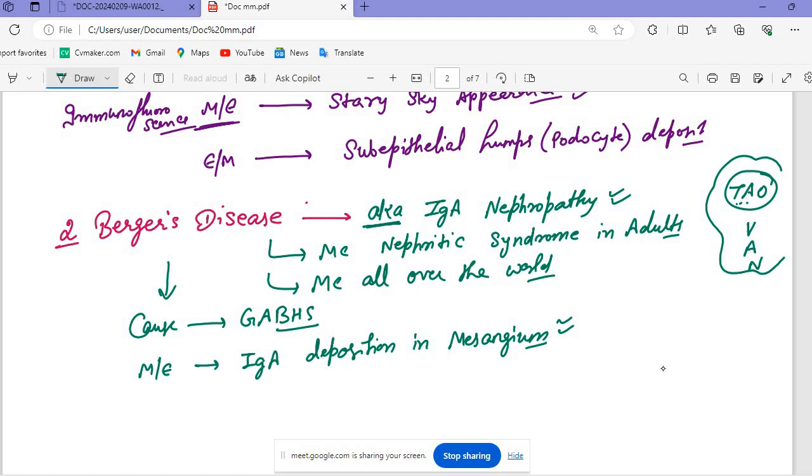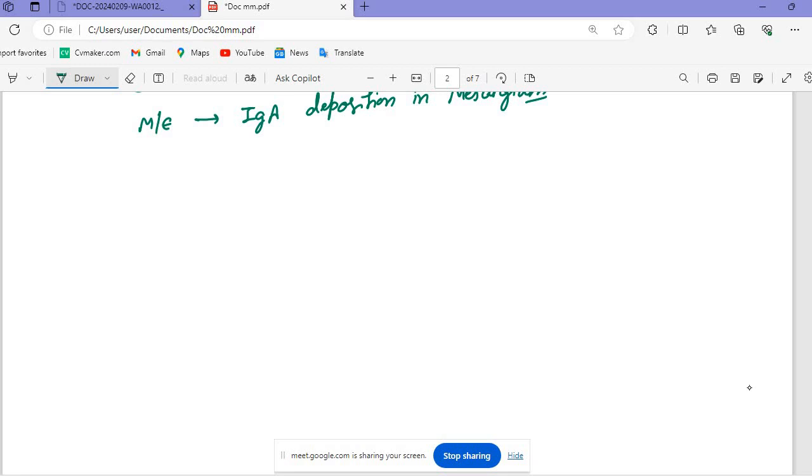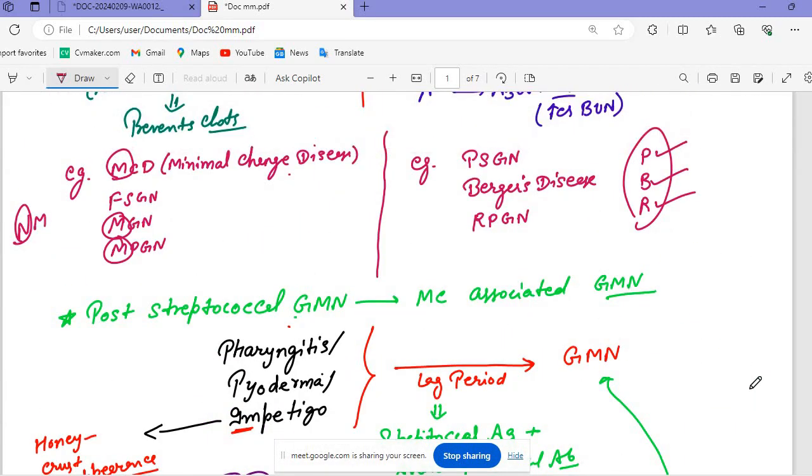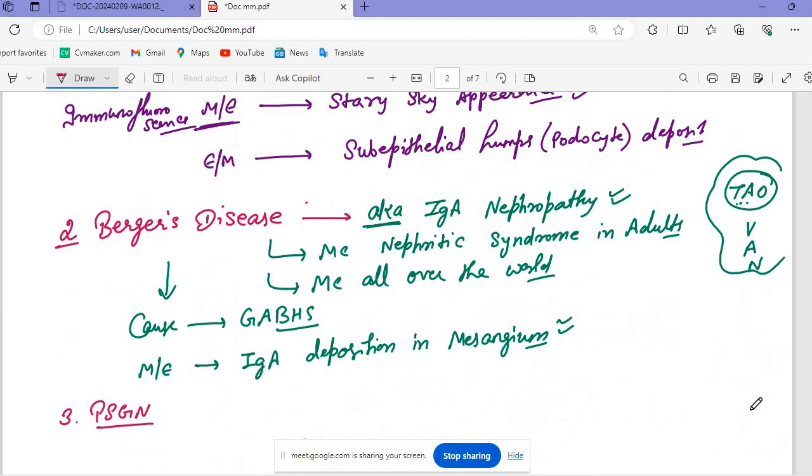Now let's continue with another disorder, PSGN, post streptococcal glomerulonephritis, caused by group A beta hemolytic streptococcus.